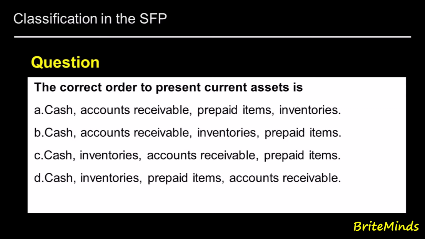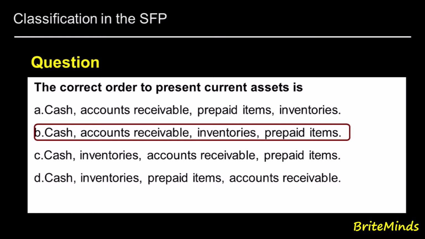D. Cash, inventories, prepaid items, and accounts receivable. So which is the correct arrangement in presenting the current assets? Is it A, B, C, or D?